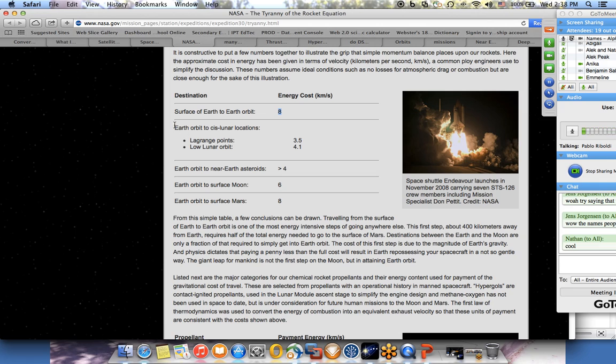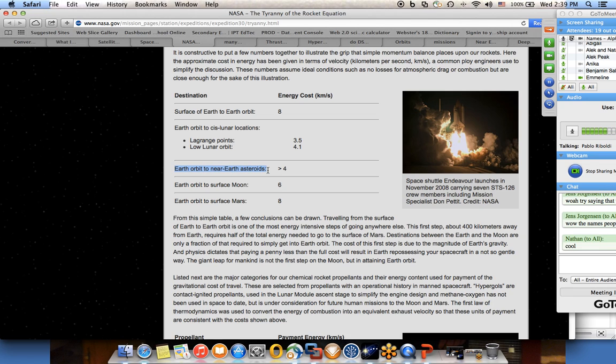Once you are in Earth orbit, you are moving at 8 kilometers per second. If you want to go from Earth orbit to near-Earth asteroids, you need to increase your speed by about 4 more kilometers per second.